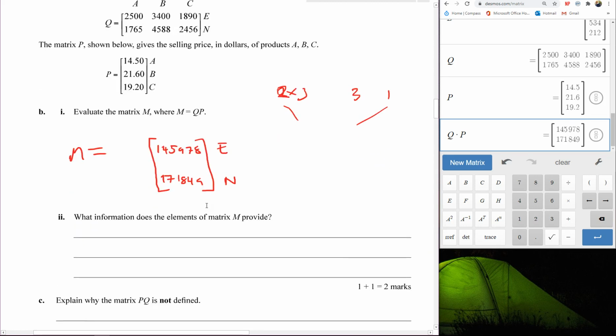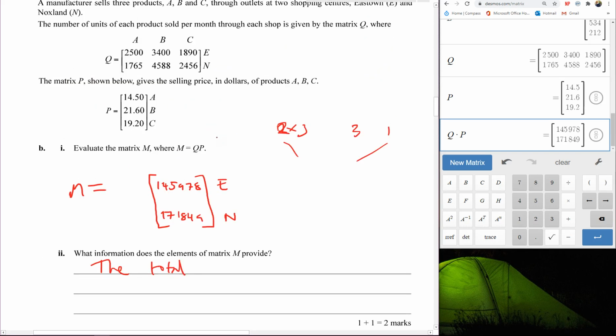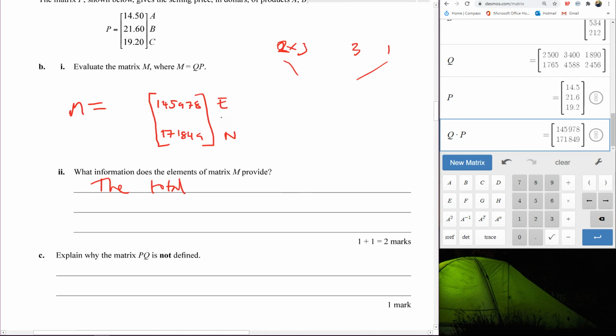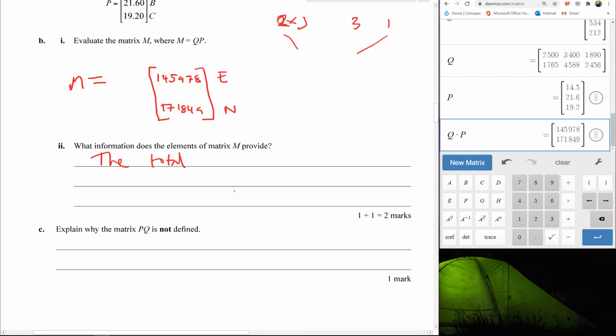So what do the elements in this matrix provide us? It tells us the total amount of money made, the total selling price. So let's say the total earnings made for each town, because it tells us how much was sold in each town, which are the rows there.